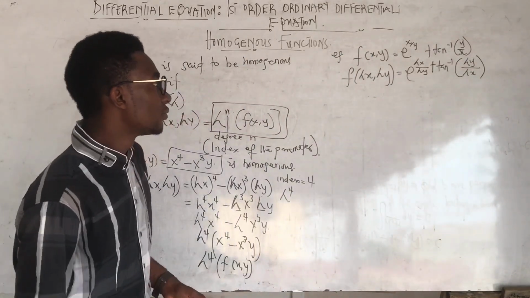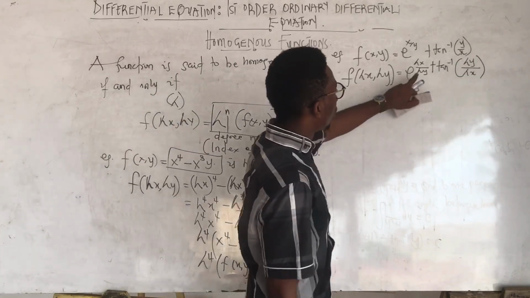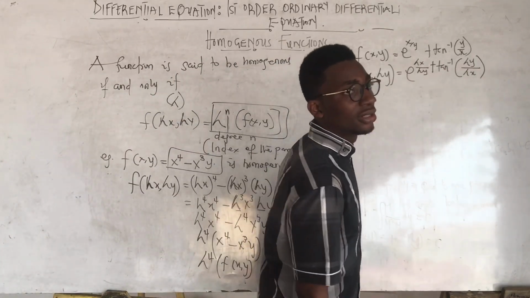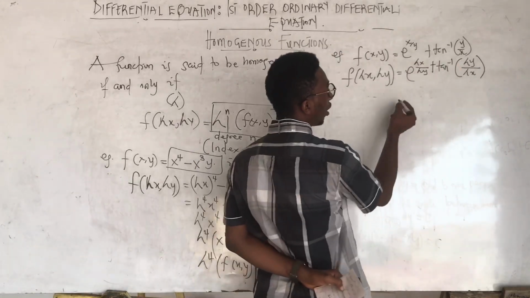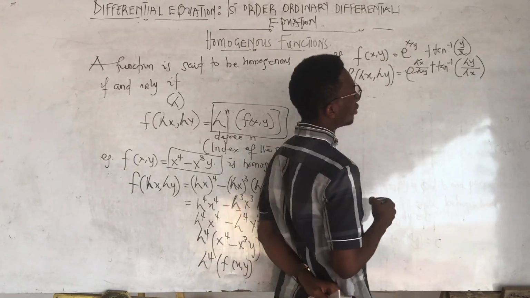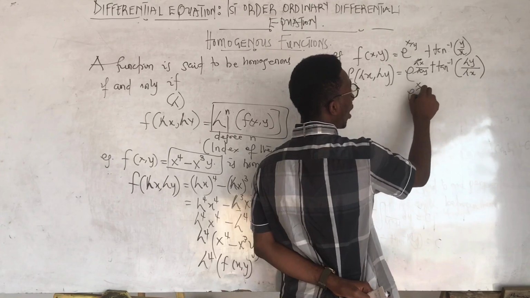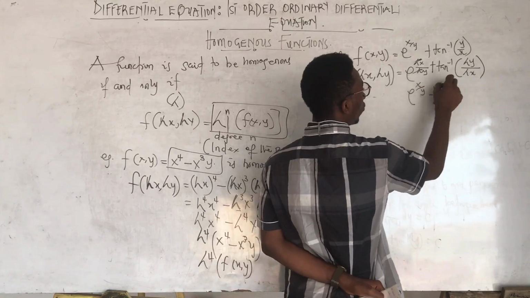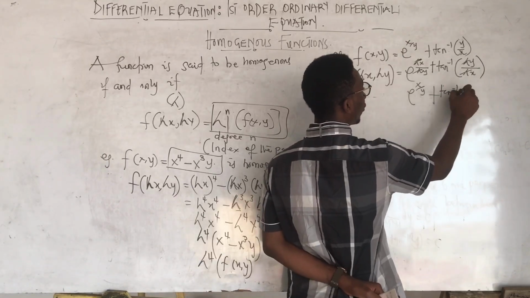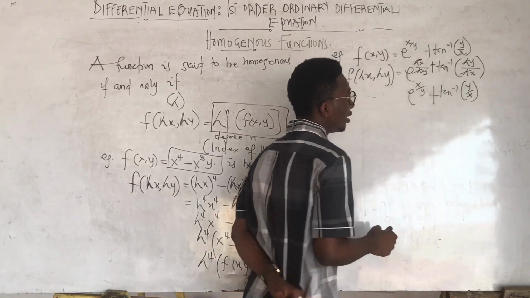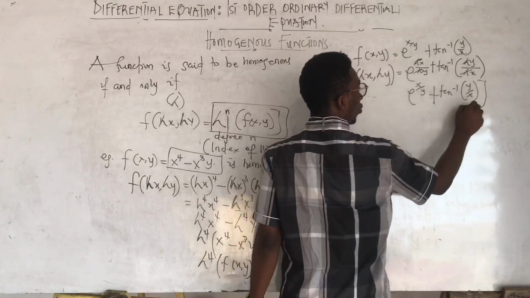When we solve this, the lambdas cancel. You can divide the lambda over here, so you get back y on x, and you can also divide the lambdas in the tan inverse, so you get back the tan inverse of y on x.